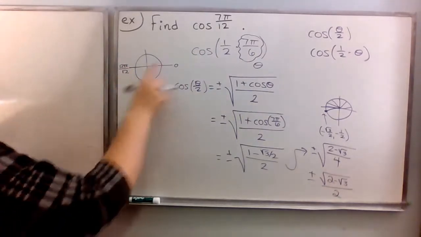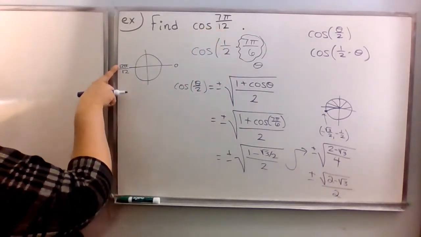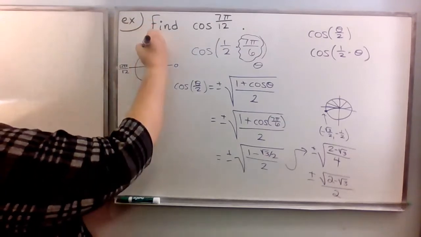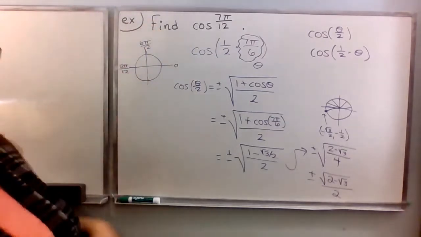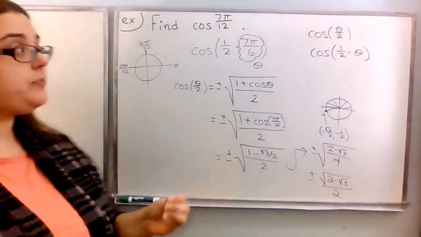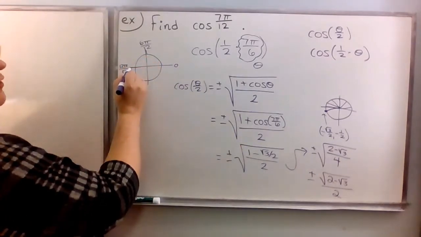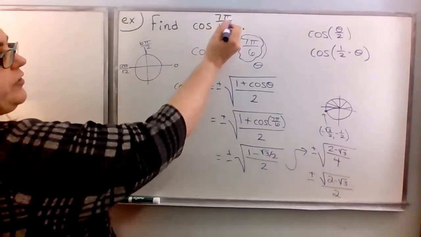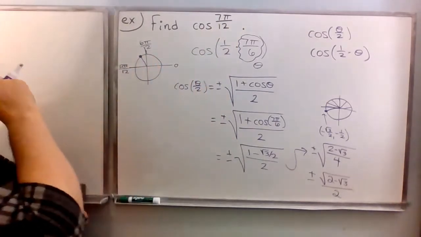I'm choosing 12 here because I'm using 12ths. Half of that, so half of the numerator is 6. So this line here is 6 pi over 12. So I'm basically indexing my quadrant in terms of pi 12ths, so that if this is where 6 pi 12ths is, and this is where 12 pi 12ths is, 7 pi 12ths is going to be somewhere over here.